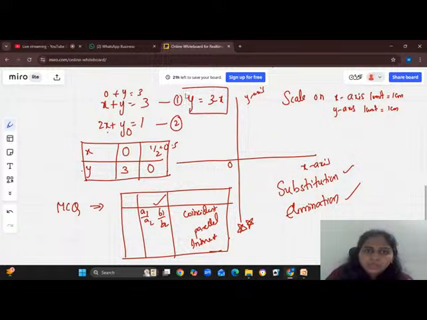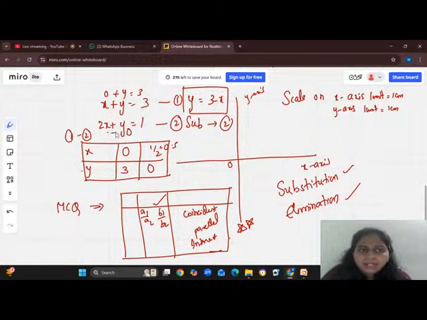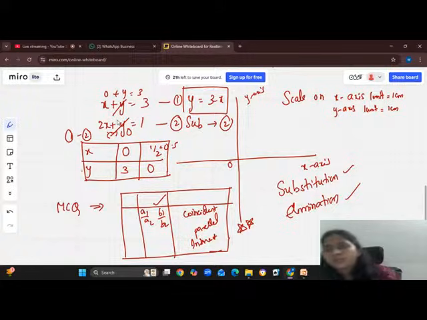This y value you have to substitute in the equation number 2 and find out the x value, and then again find y. Coming to the elimination method, you have to just subtract the equation numbers 1 and 2 and eliminate the second variable and find out the first variable. This is the elimination method.